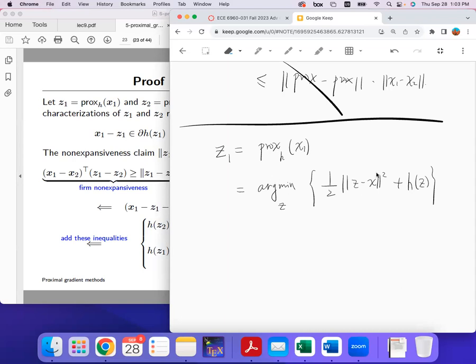So we simply take the gradient of this part, which gives z minus x, plus, now h may not be differentiable, so we use the sub-differential instead. It's a convex function, so we use the sub-differential. Okay, so zero must belong to this subgradient at the optimizer.